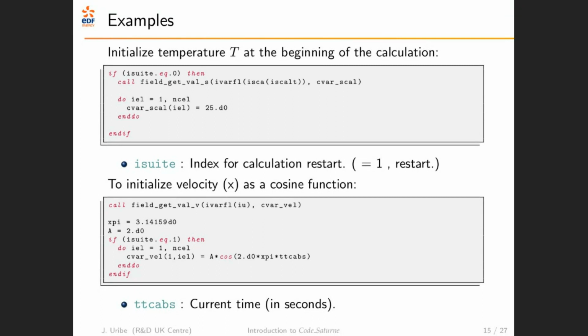So if it's equal to 0, it means that you're not restarting, and this will be done at the beginning of the first time step. If not, then it's not done, because it assumes that you're restarting from a previous calculation, and therefore you have a value already set that you don't want to change.